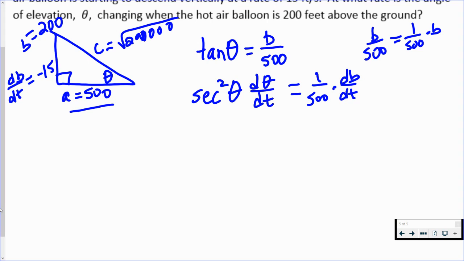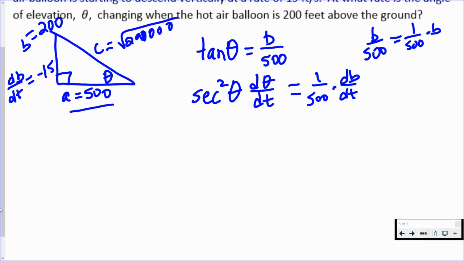Now, secant squared. Again, a lot of people at this point will say, well, I've got to have my angle measure so I can find the secant of it. But you don't. You have the triangle and you have all three sides. Think about this: secant is hypotenuse over adjacent, the reciprocal of cosine.